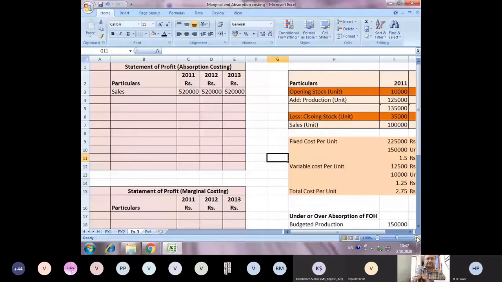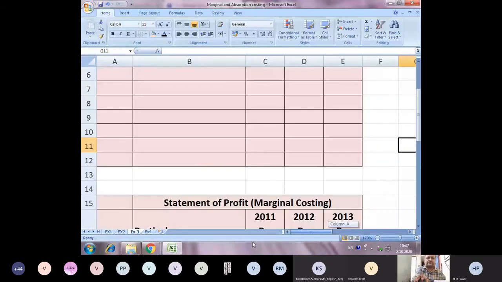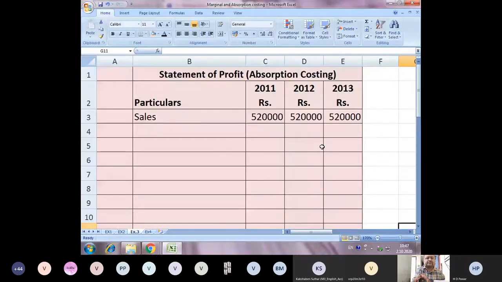Okay. Sales is this. It is readable to all. Okay. Then after that, less cost of goods sold. The next step is less cost of goods sold. Then how to calculate the cost of goods sold?